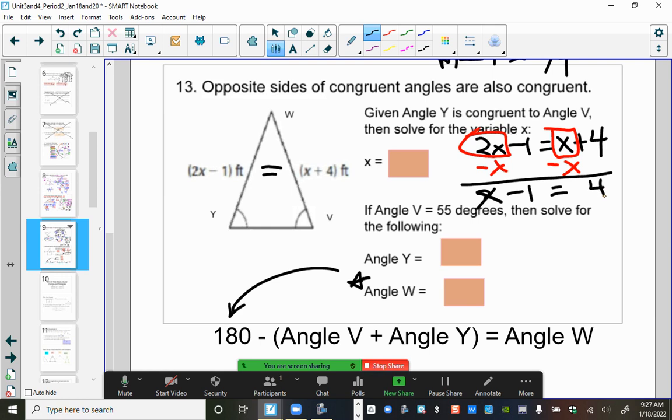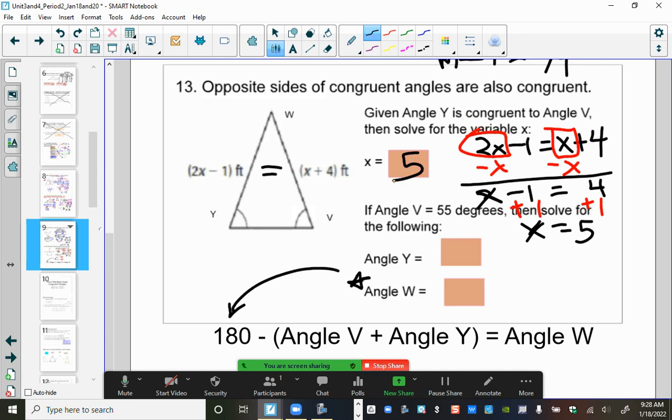Then, of course, in the end, we have x equals 5.